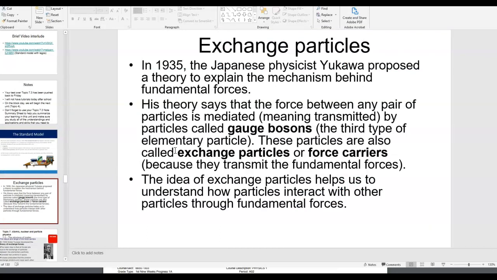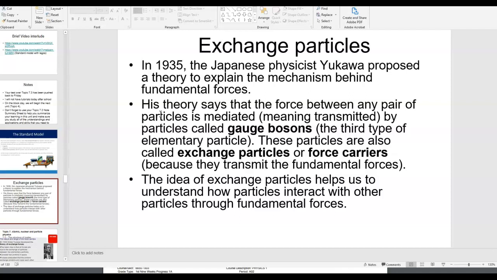So let's talk about these exchange particles some more. In the 1930s, a Japanese physicist proposed a theory to explain the mechanism behind fundamental forces. Basically, they were looking for an idea of how particles interact through these fundamental forces, because we didn't have an exact mechanism for how that happens.